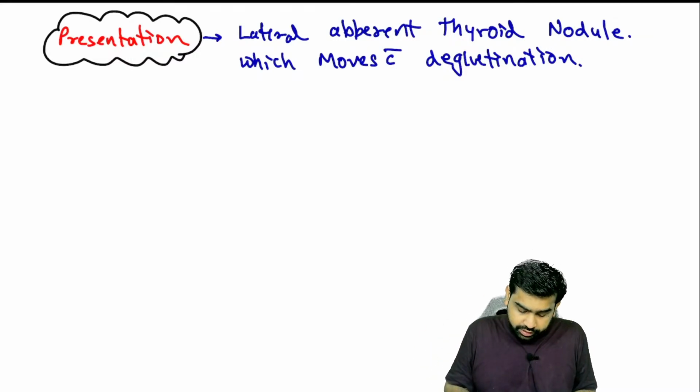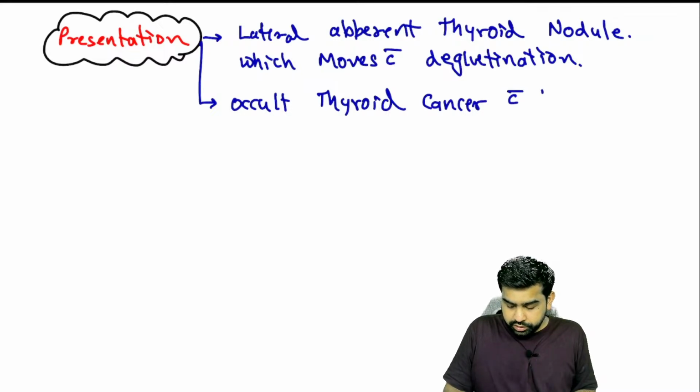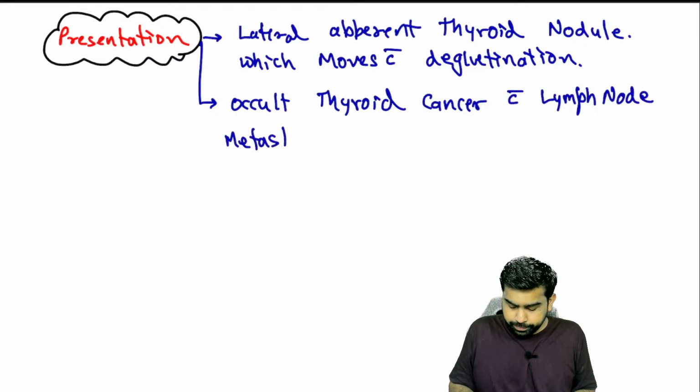Another important thing is that there can be an occult thyroid cancer with lymph node metastasis to the neck.